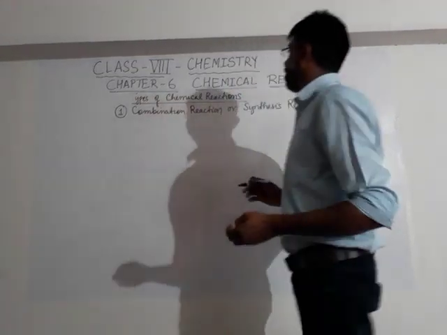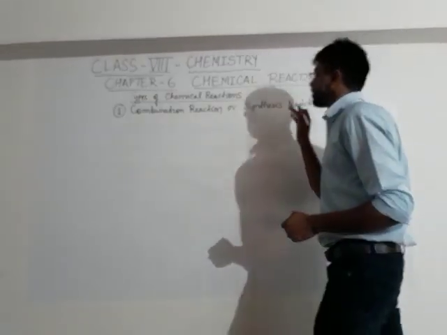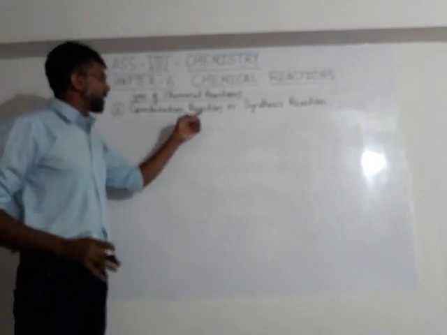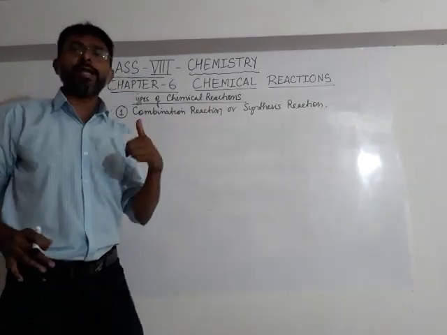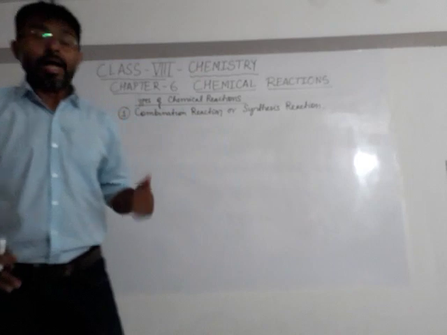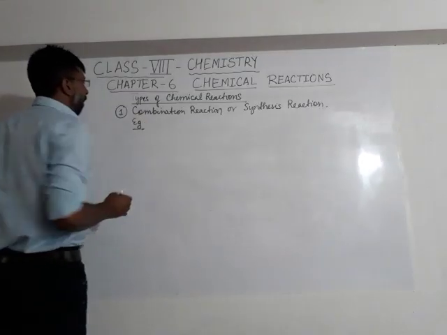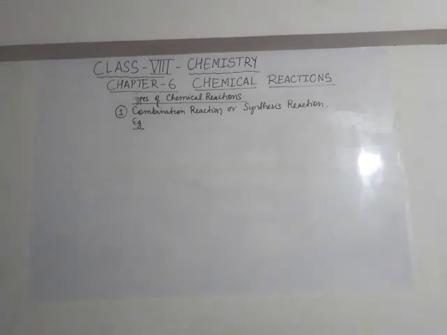Such a reaction is called a combination reaction or synthesis reaction. The definition of this you will find in the notes which I have already sent you. Let me give you the examples of combination reaction or synthesis reaction.